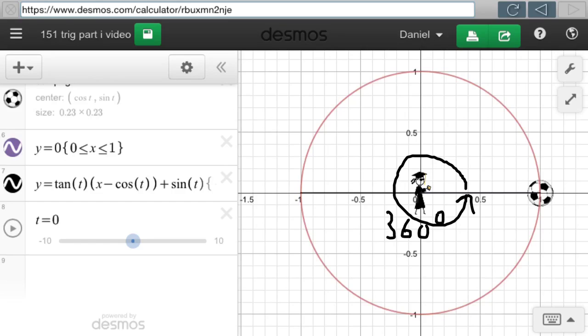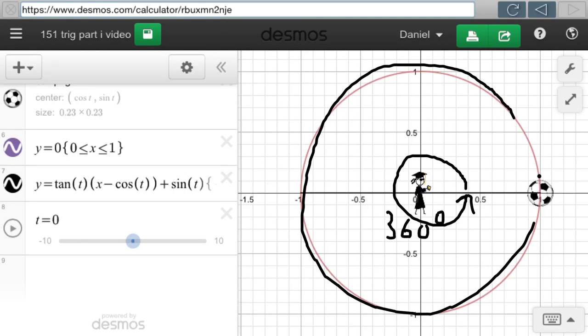It's traveling around the outside of the circumference of the circle. So if it's gone one time completely around the circle, how far has it traveled? Well, you may recall the formula for the circumference of a circle, which is circumference is 2 pi times the radius.